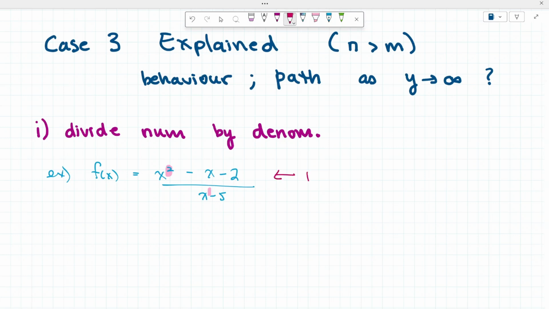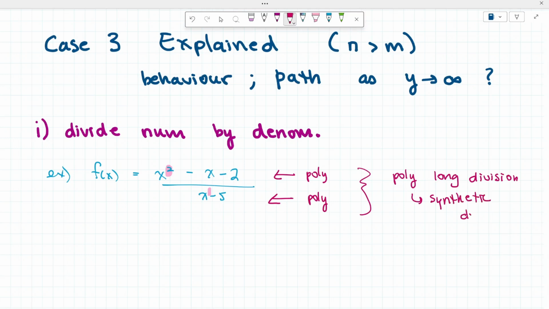We have some polynomial here and some other polynomial here. So what do we have to do if we're dividing a polynomial by another one? We have to use polynomial long division. Or what's the shortcut to that? We can use synthetic division.